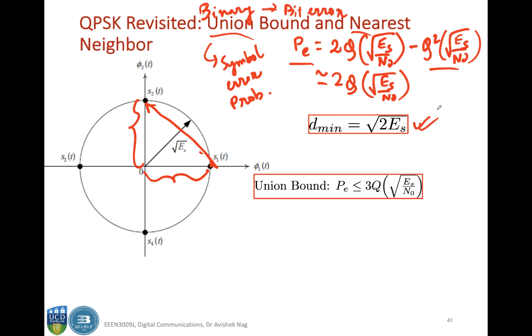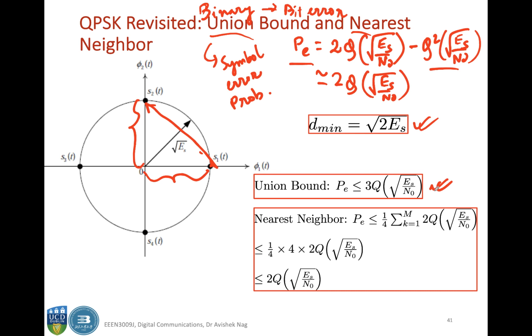Now if you apply union bound for QPSK, then you get this value. If you apply nearest neighbor, then you get this value. So the actual value is this. Nearest neighbor is predicting the actual value very closely. You see, it's less than or equal to twice Q of this term, and we indeed have almost equal to twice Q of this term.